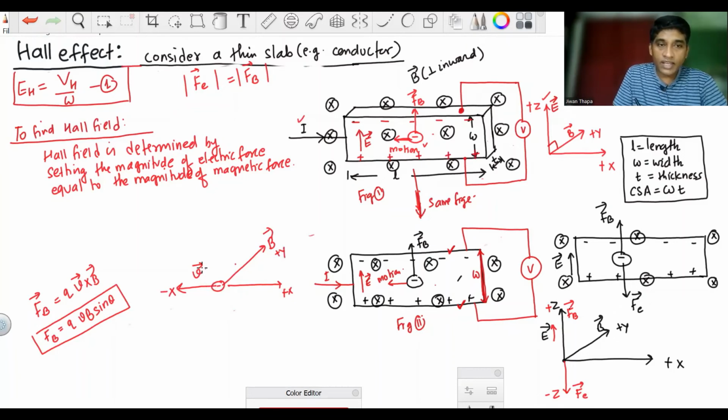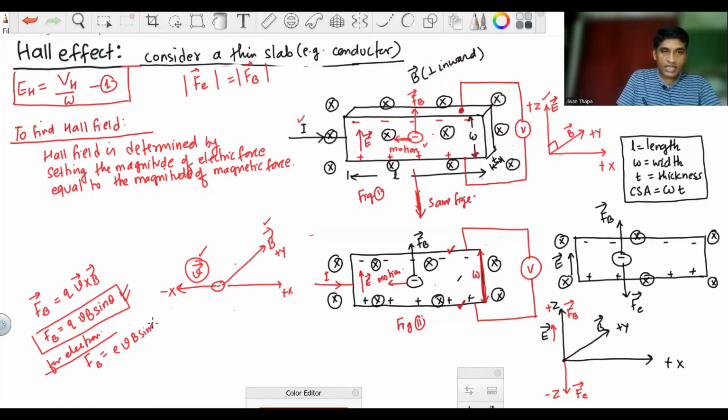Then we know angle between velocity and magnetic field is 90, because x, y, and z are mutually perpendicular to each other. So using this equation, for electron, we can write magnetic force equals E times velocity B sine 90.